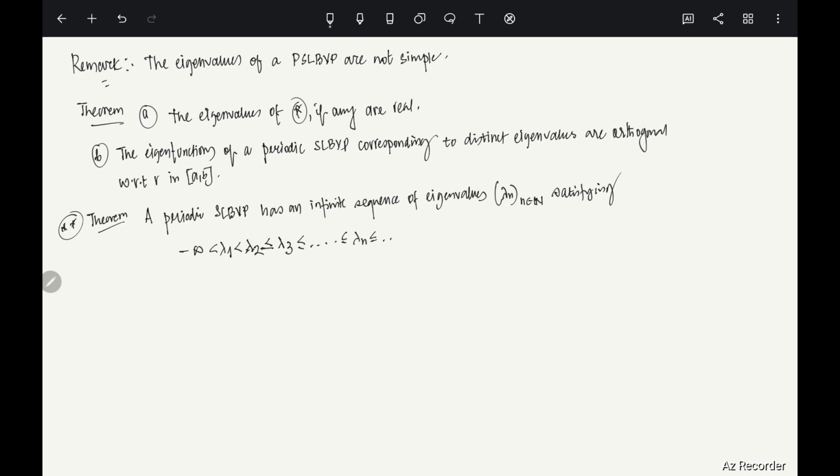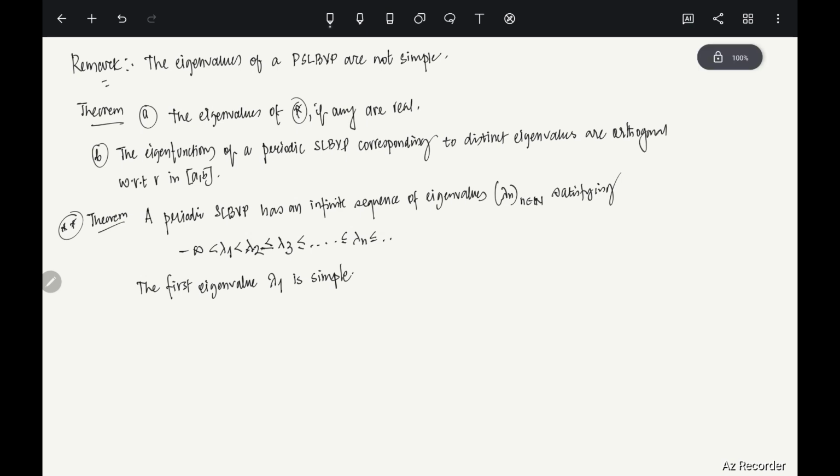Now the thing is, the first eigenvalue lambda 1 is simple. This is always true. The first eigenvalue lambda 1 is going to be simple.